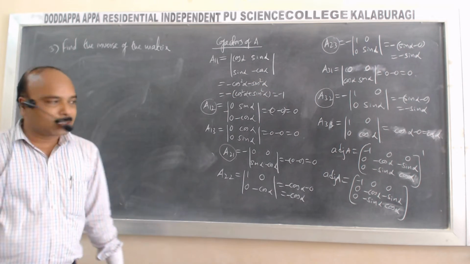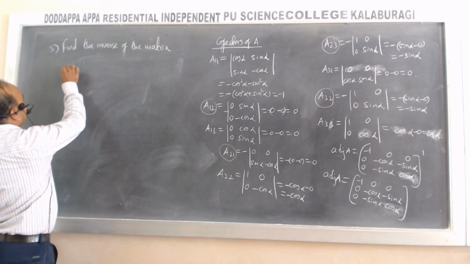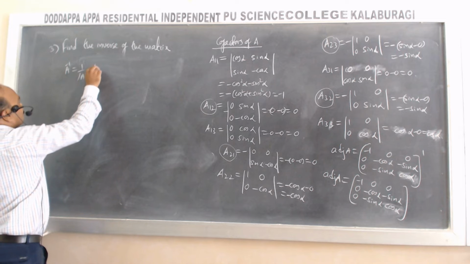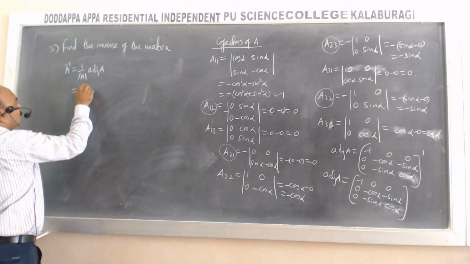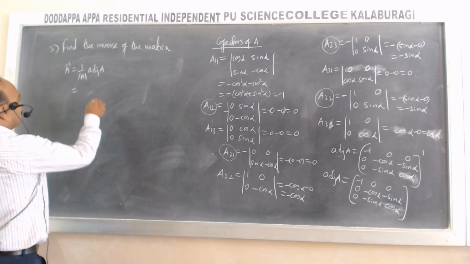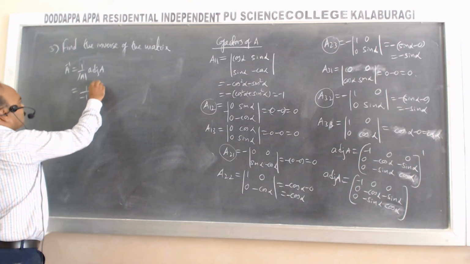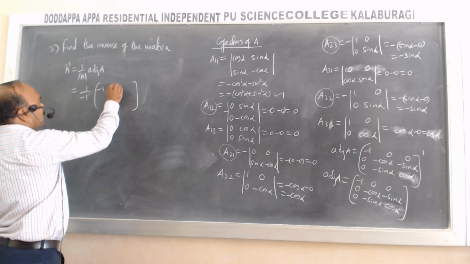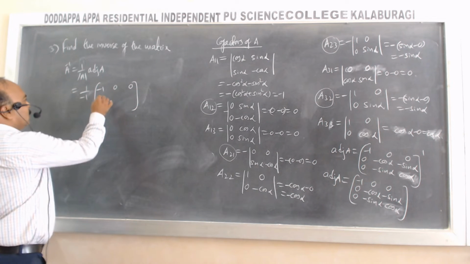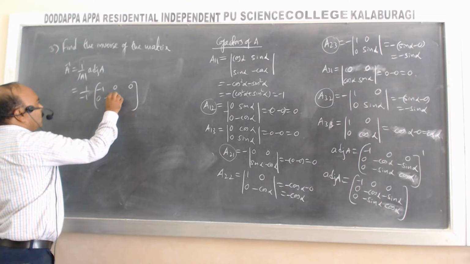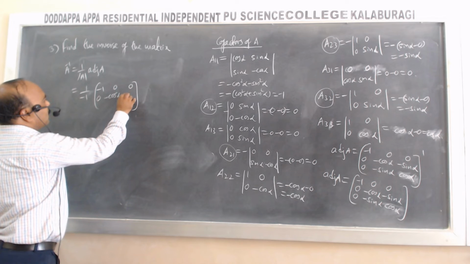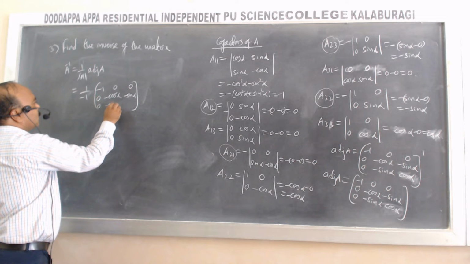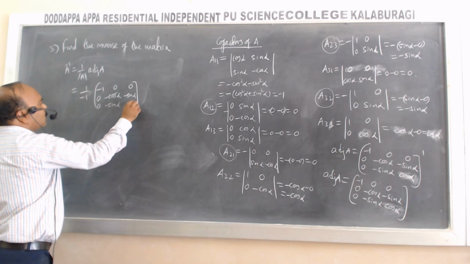Now we go for the inverse of the matrix, that is A inverse is given by 1 by determinant of A into adjoint of A. Determinant of A we get minus 1, so it is 1 by minus 1 into adjoint of A, which is minus 1 0 0, 0 minus cos alpha minus sin alpha, third row 0 minus sin alpha cos alpha.